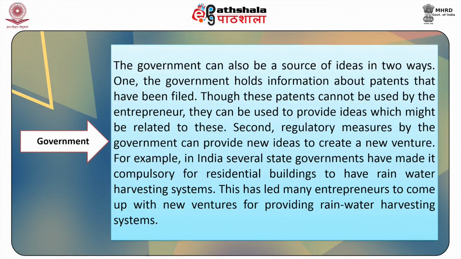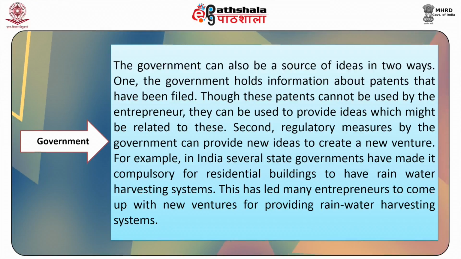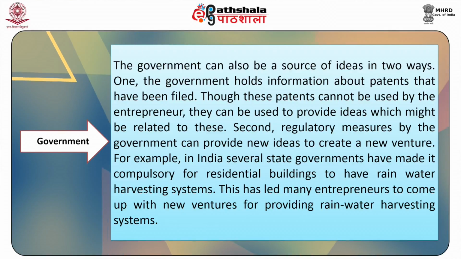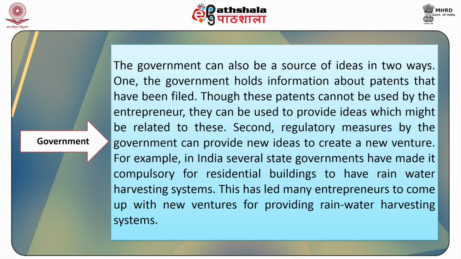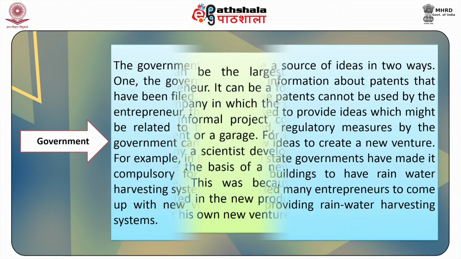Secondly, regulatory measures by the government can provide new ideas to create a new venture. For example, in India, several state governments have made it compulsory for residential buildings to have rainwater harvesting systems. This has led many entrepreneurs to come up with new ventures for providing rainwater harvesting systems.